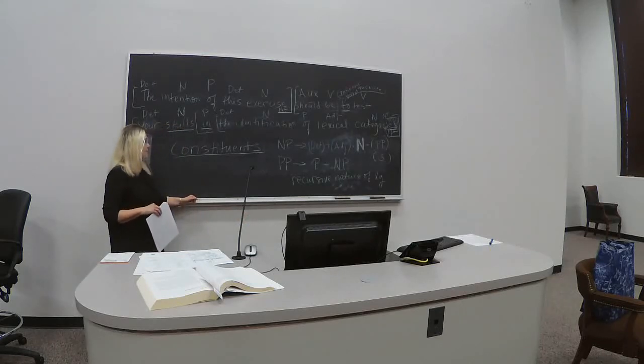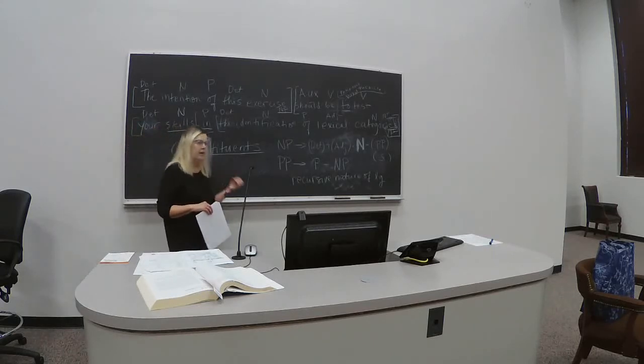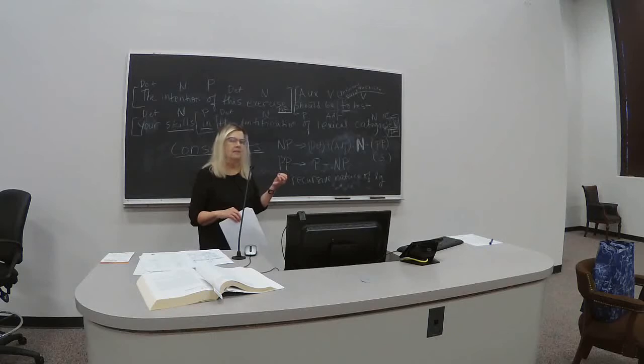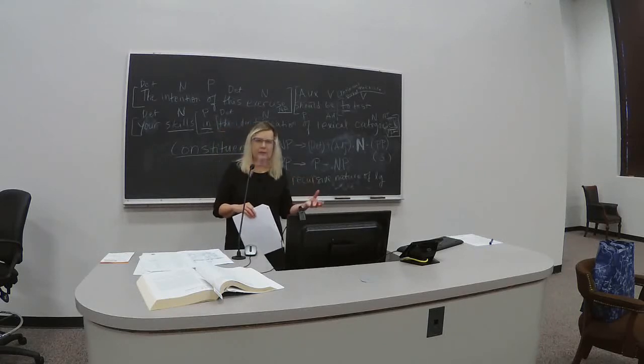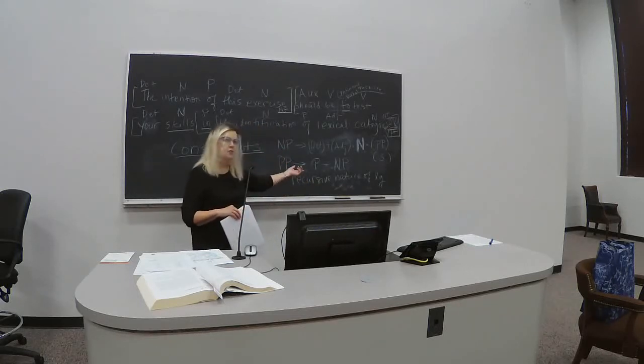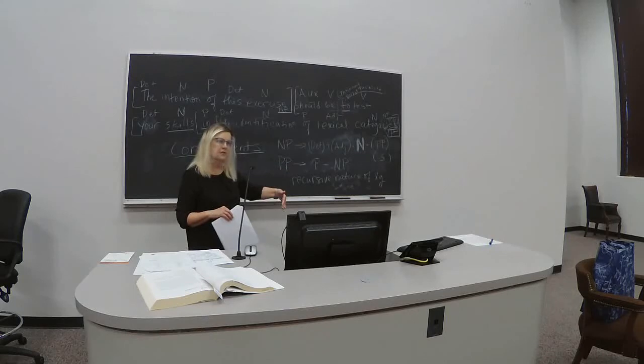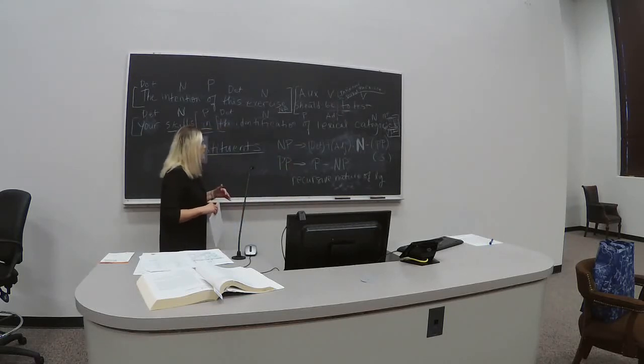So it's just one of the ways, as we've mentioned, that with a handful of rules, we can create an infinite number of structures. That is what this means, the recursiveness of language.